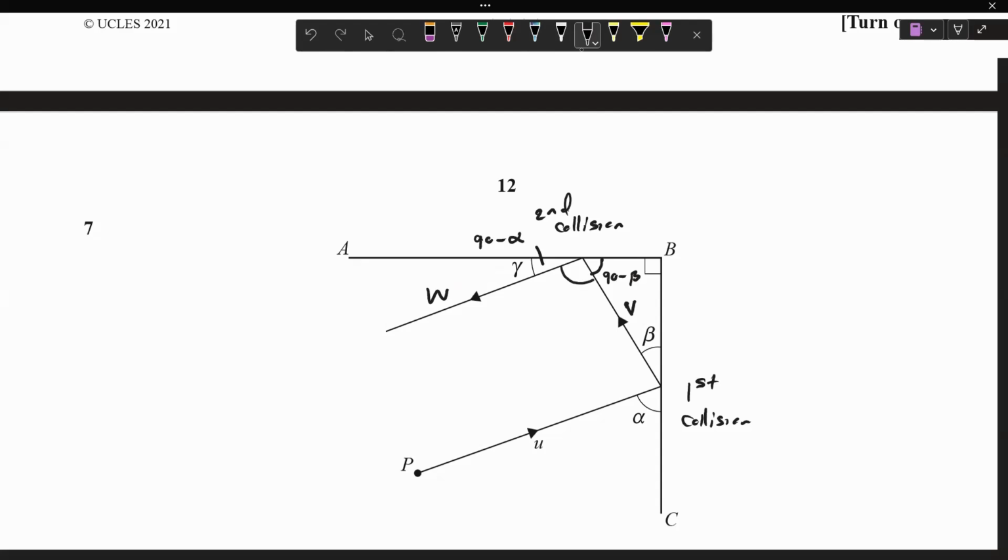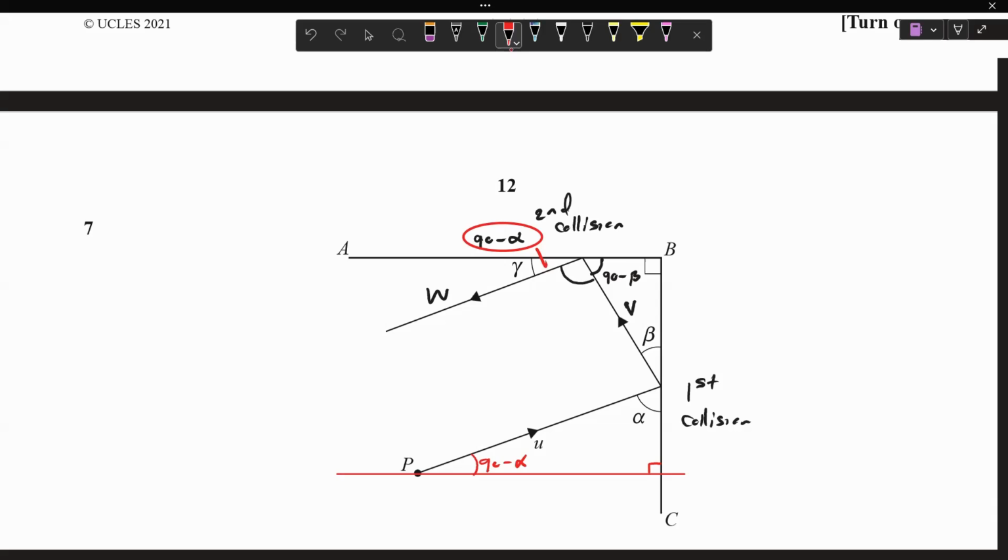If I draw a line parallel to AB, there would be a right angle here, and this angle would be 90 minus alpha. And we can see that this angle here is also 90 minus alpha.